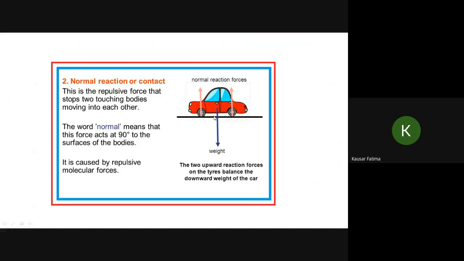This car is in contact with the ground where it has wheels. The sum of these two normal contact forces will be equal to the weight if it is in equilibrium. Under equilibrium, the forces will be equal to each other. It means the total normal contact force, R1 and R2, you may call them N1 or N2, will be equal to the body's weight.